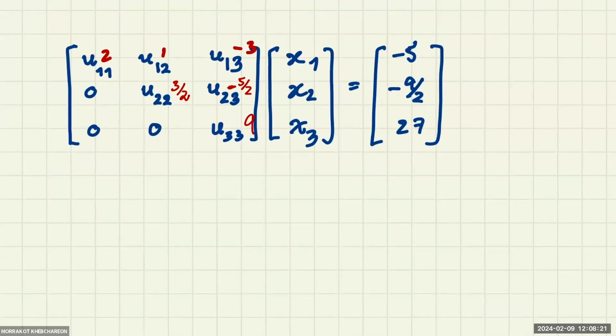Now for this you have the upper triangular matrix, you do it from the bottom up, so you use backward substitution. 9x3 equals 27, this gives you x3 equal to 3.